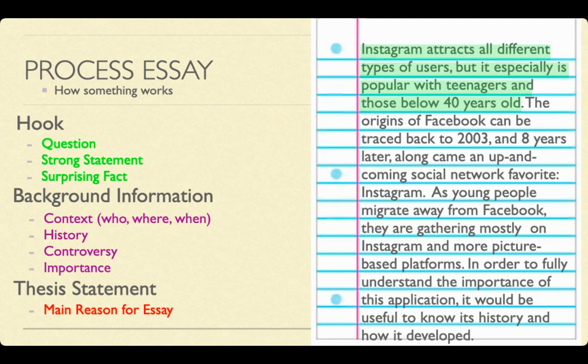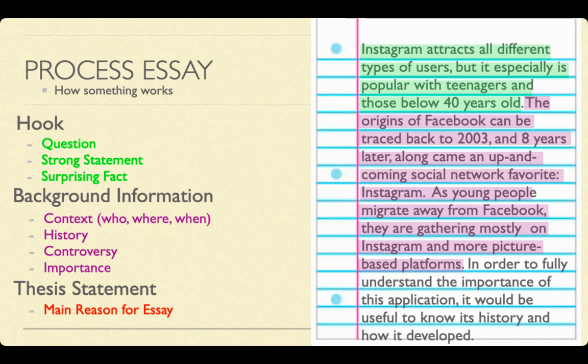Instagram attracts all different types of users, but it especially is popular with teenagers and those below 40 years old. And the background information is here. The origins of Facebook can be traced back to 2003, and 8 years later, along came an up and coming social network favorite, Instagram.